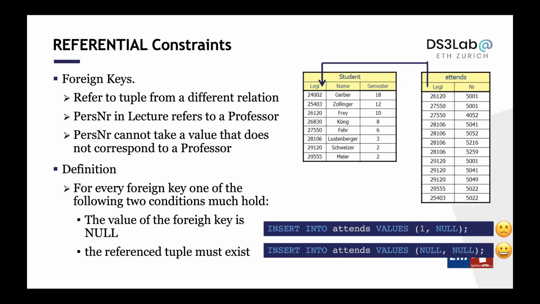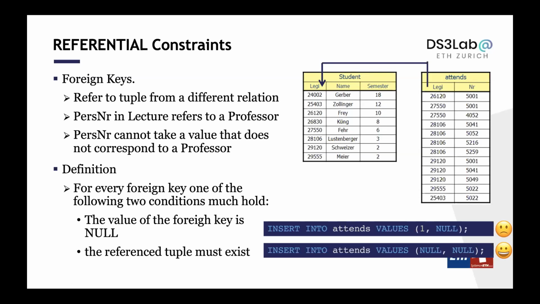So essentially your concern is that, in the attends table, assuming I have a primary key that's a combination of the two columns, if I put a null here, that's going to violate the primary key, right? Yes, in that case it's going to violate the primary key constraint, but it will not violate the foreign key constraint.